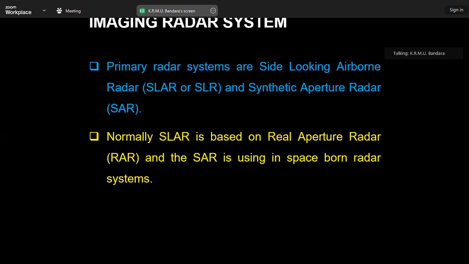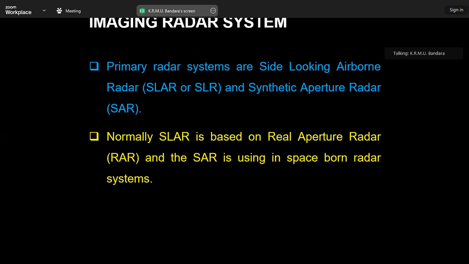The spatial resolution is getting very weak, not fine. The pixel size is large, meaning the resolution is decreasing. Pixel size is increasing, resolution is decreasing. Therefore, if we use a short antenna in spaceborne systems, the spatial resolution is very weak.